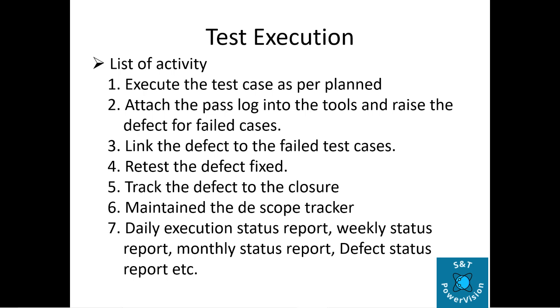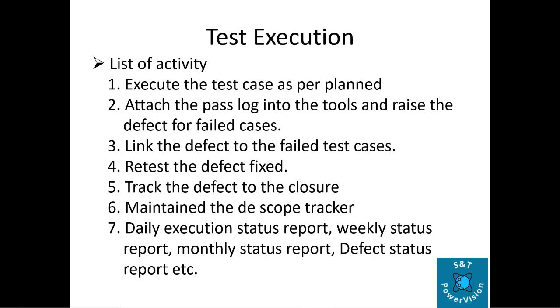Suppose at the time of planning, we have written some cases, but at the time of actual execution, data is not available, or we don't have the proper access, or code has not been moved due to some reason. There are various things that happen here. So those cases for which we are not able to proceed, we move them to D-scope, and we maintain the D-scope tracker for those things.